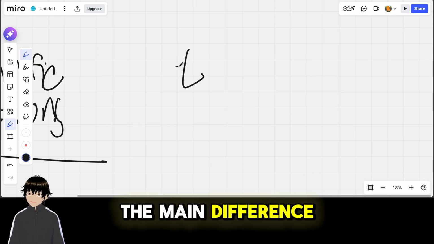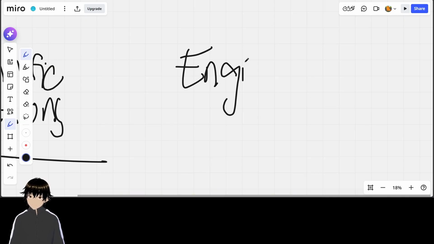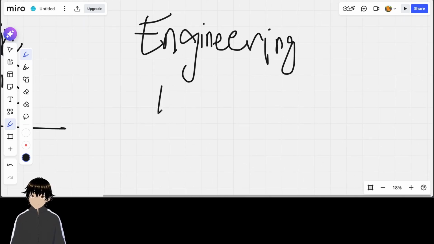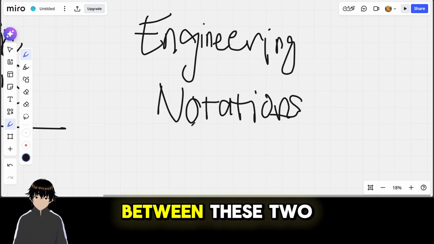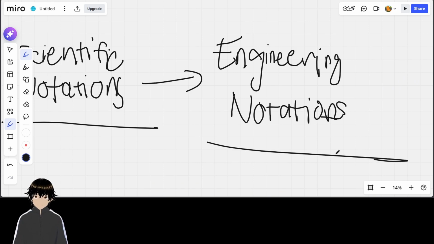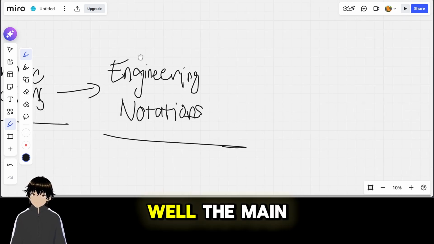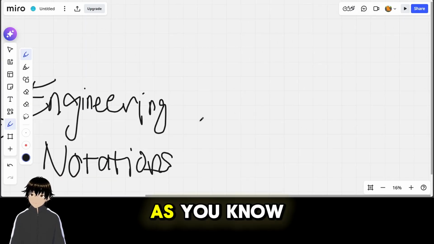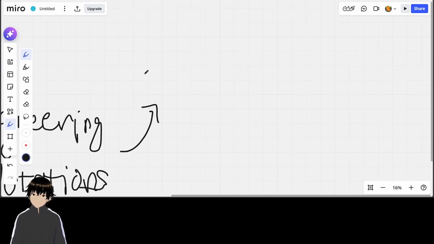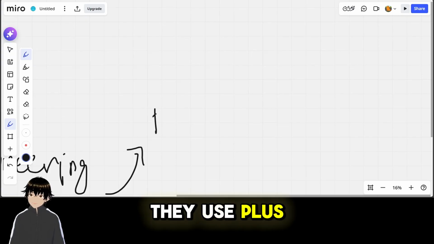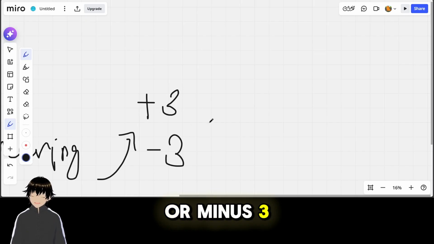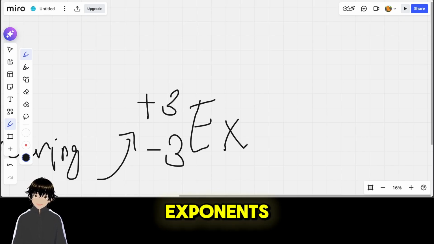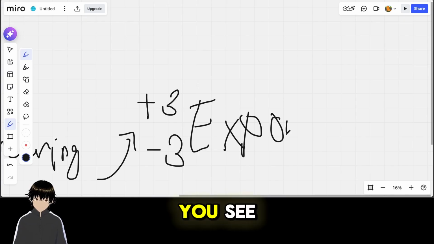So, what is the main difference between these two? Well, the main difference is engineering notations use +3 or -3 exponents. Okay?